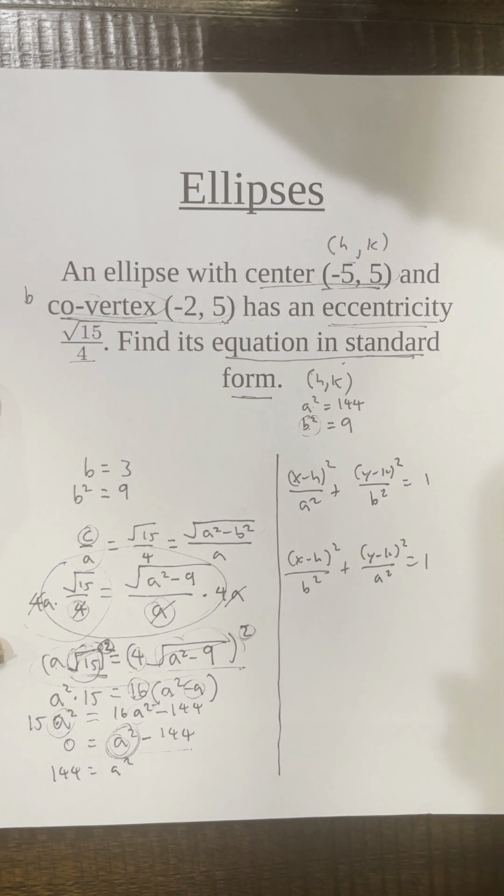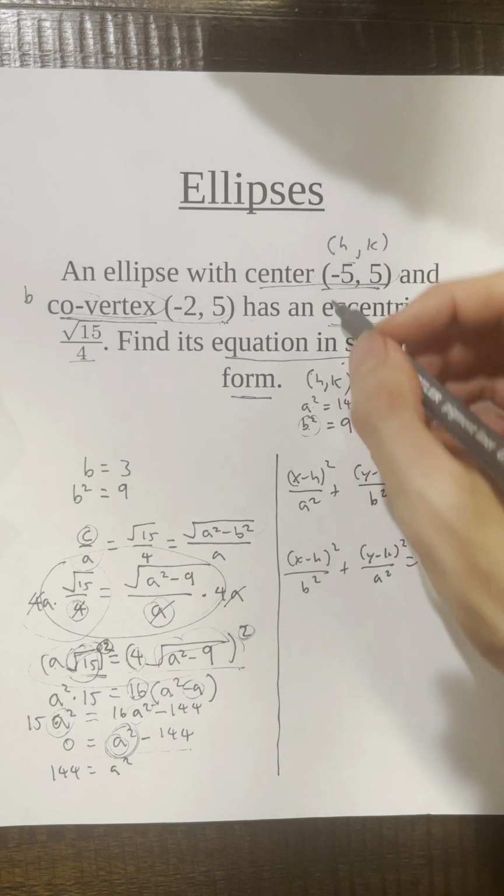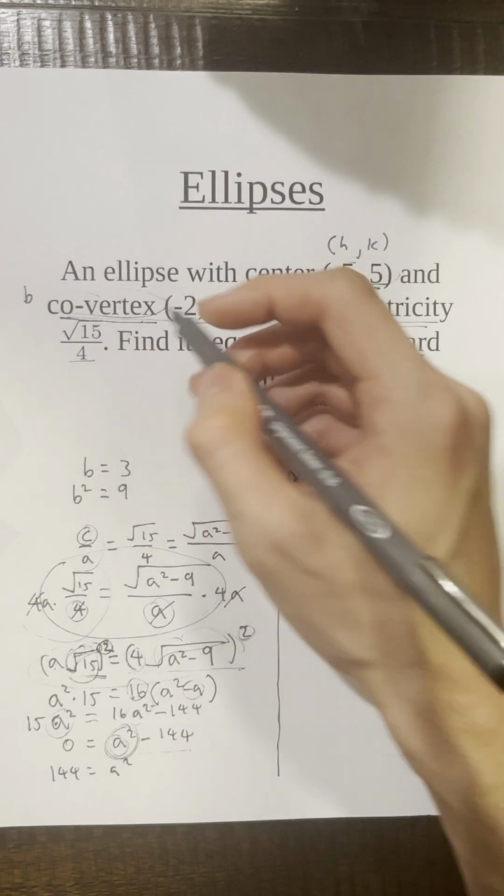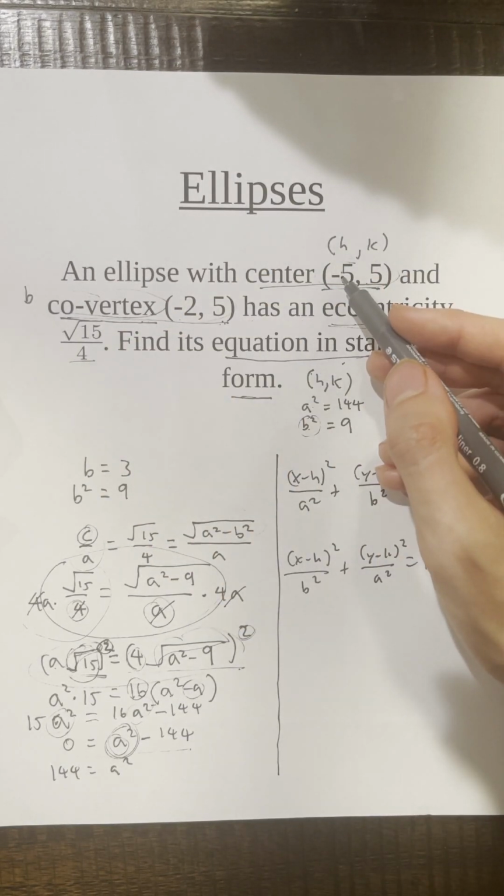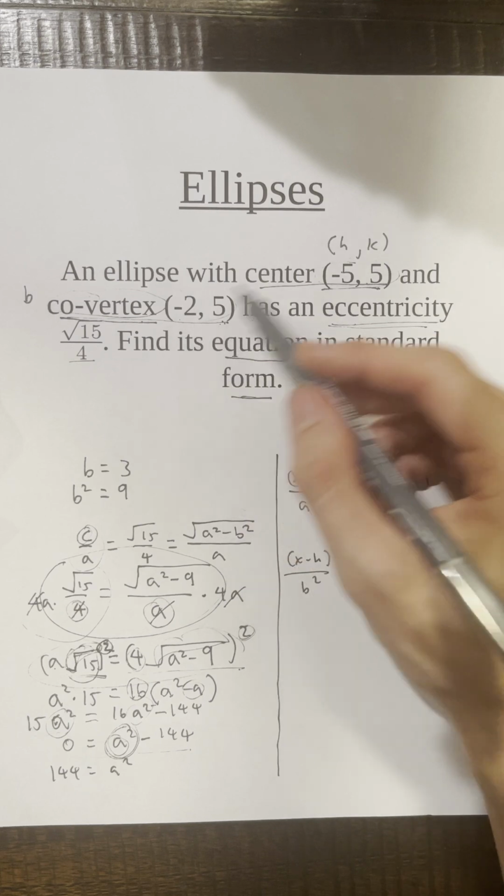Which one should we use? Well, to get from the center to the co-vertex, did we have to move horizontally or vertically?